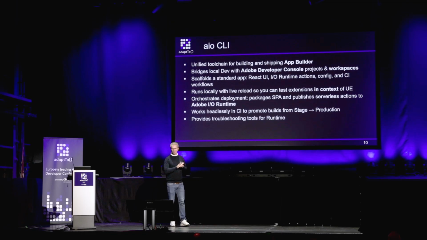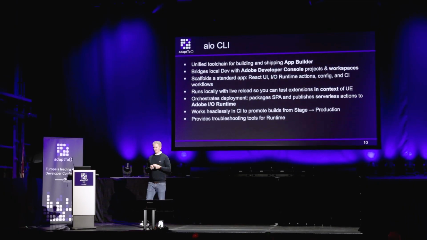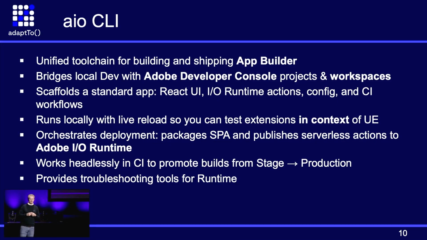As a developer, we also need a tool besides App Builder. So App Builder is basically the hosting solution. Now we need a tool to interact with the hosting solution. In this case, we have a CLI, the Adobe I/O CLI. And Adobe I/O is basically what you maybe know from AWS or Azure. It's a CLI which allows you to interact with everything which is related to Adobe.